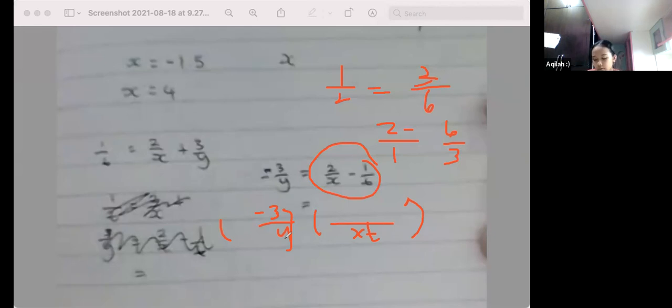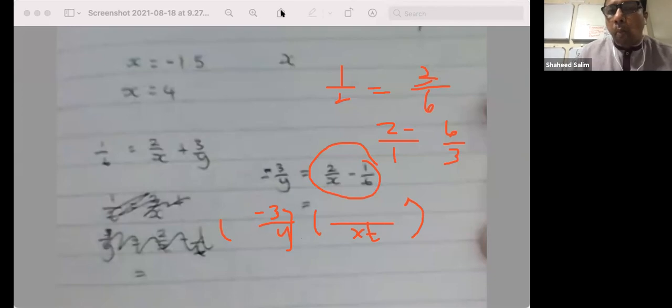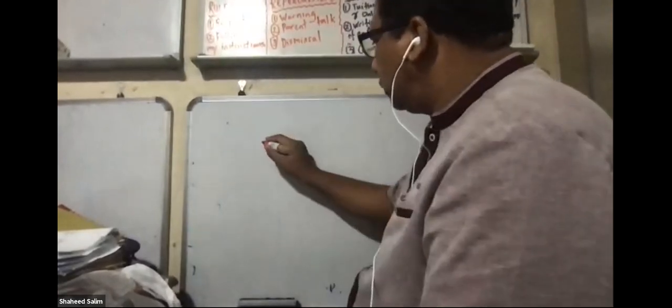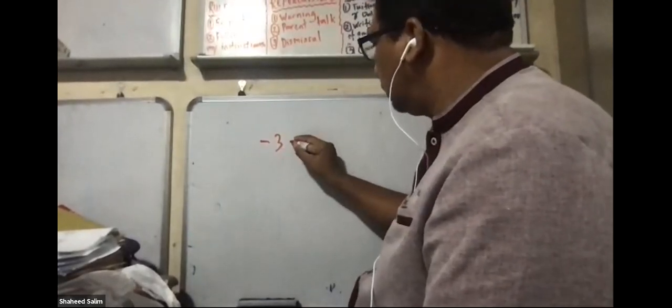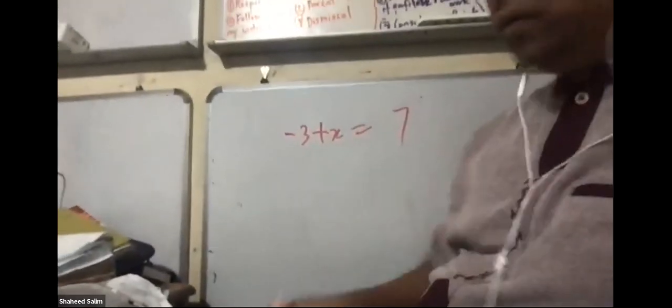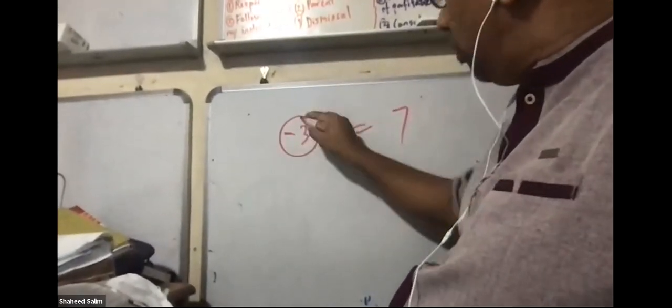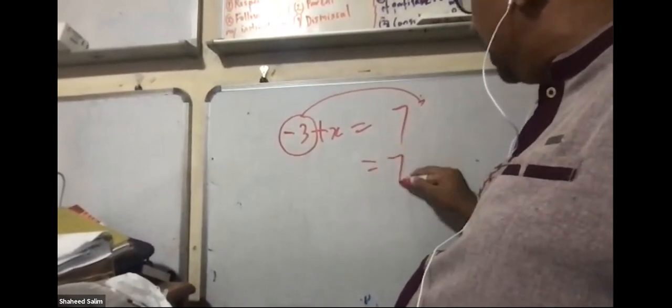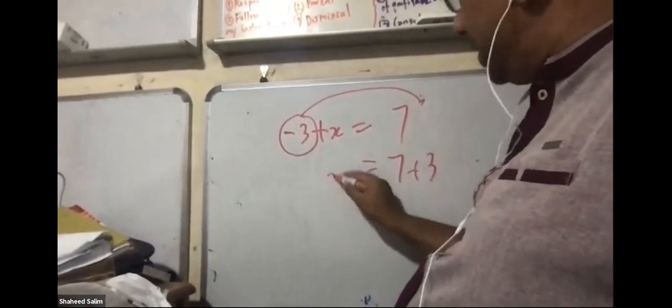So when you bring -3 over, is plus, right? Let's say that it's 3. Can you see the screen? When you bring negative 3 over, it becomes plus only if we are dealing with plus and minus.